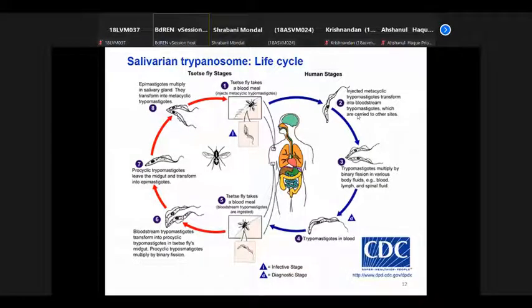And the left side from 5 to 8, these events are happening within the vector.